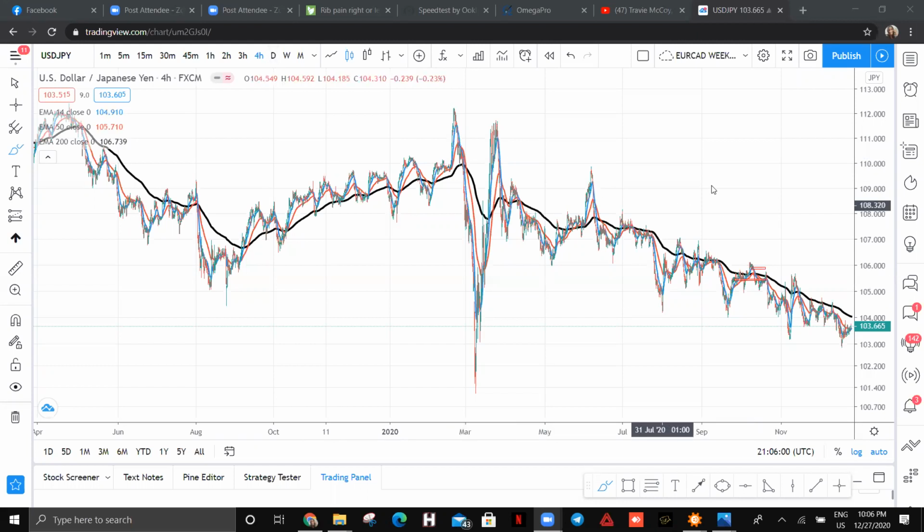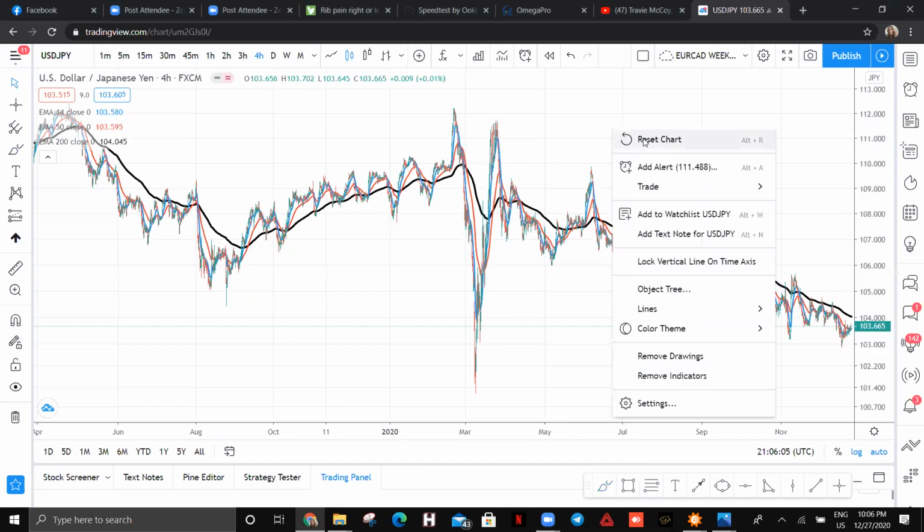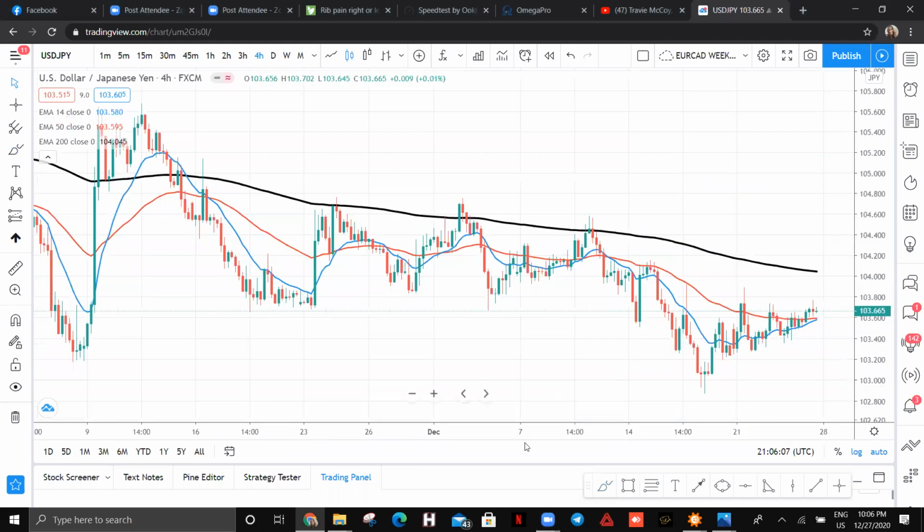Then now we understand that the pair is coming down, because price is below our 200 EMA. Now, two things are going to happen here. You can see that 14 is kissing 50 EMA.